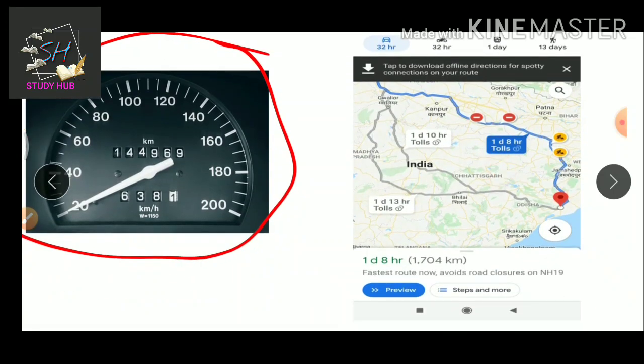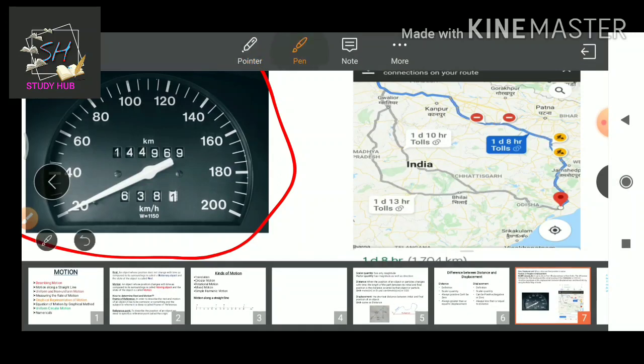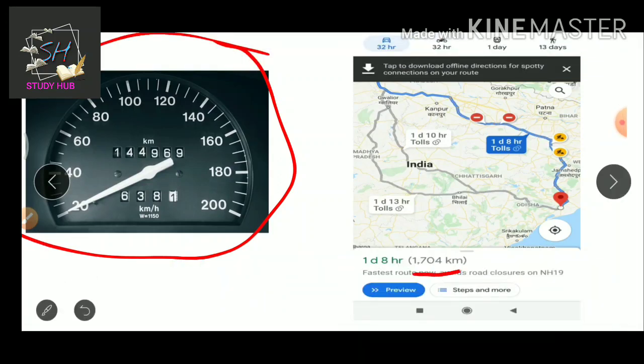So we can see here that the distance is 1704 km, and there are also another two ways, this way and this way. You can see this in your Google Map.